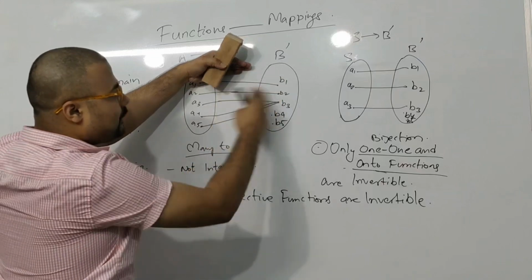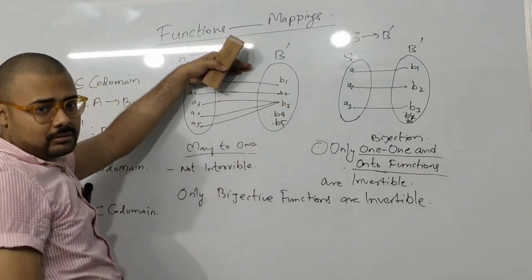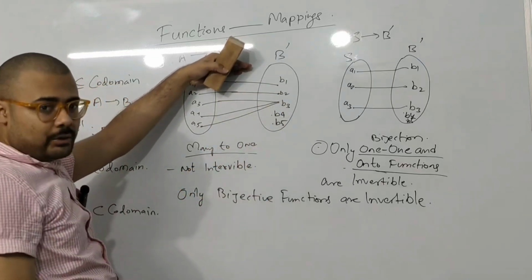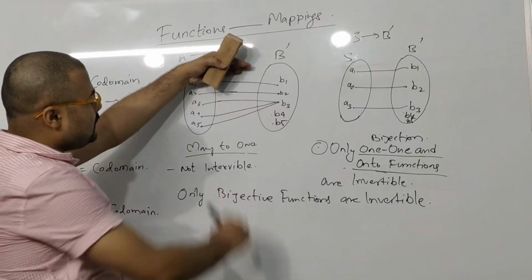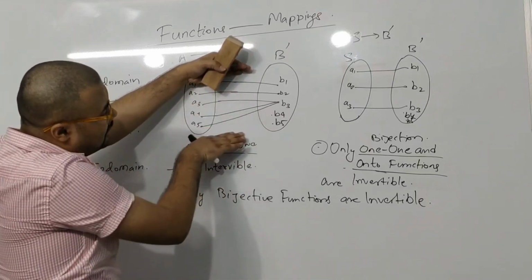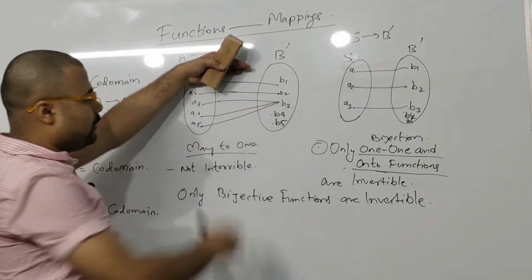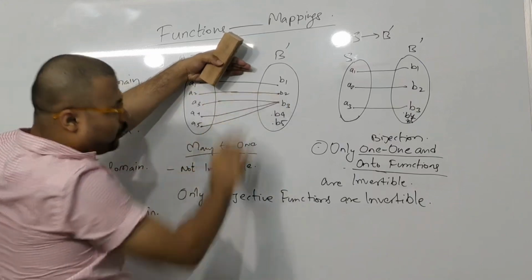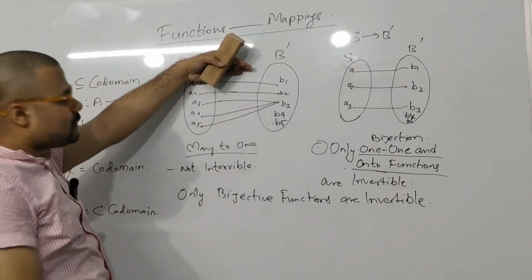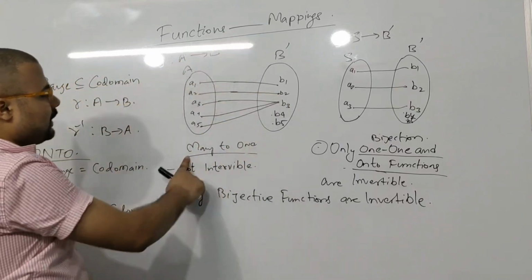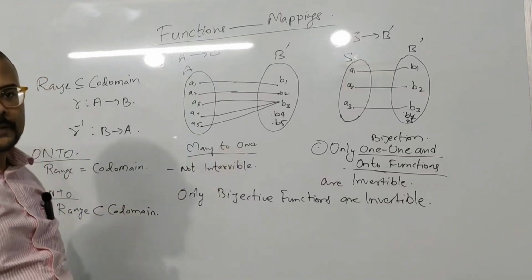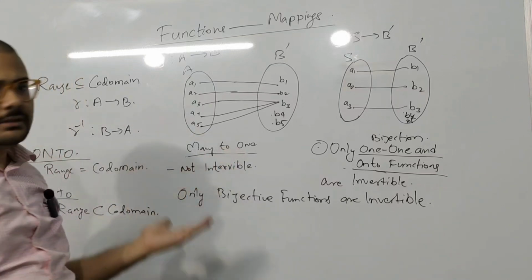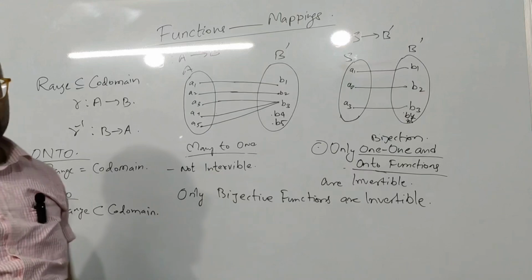All these edges may go to different elements. Then it will become one to one. Or maybe some of the edges go to the same element. If some of the edges go to the same element, then we call it many to one. So there are no other mappings possible.